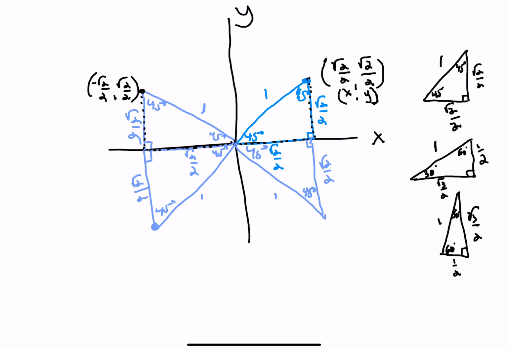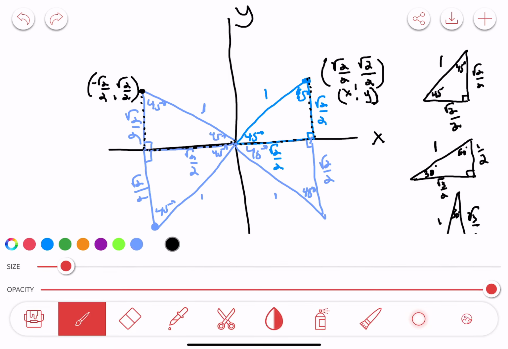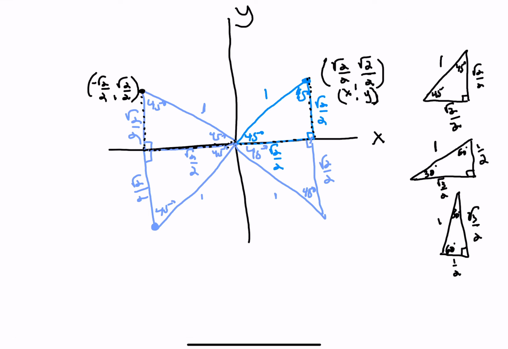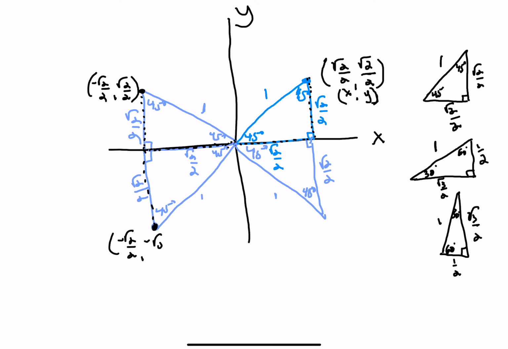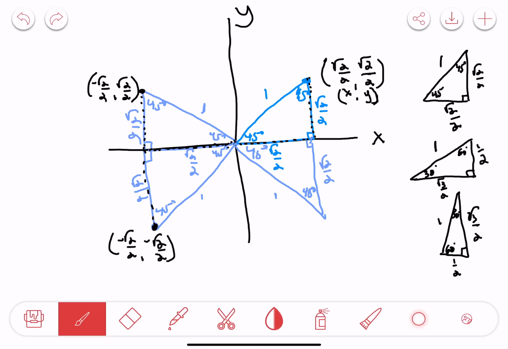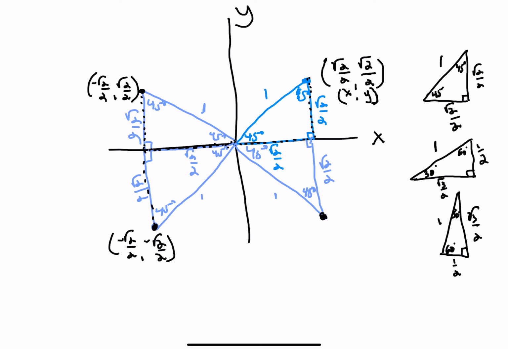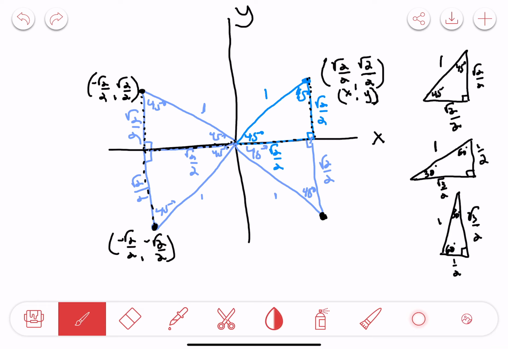Okay, so the coordinates of this point here in the third quadrant, I go left root 2 over 2, and then down root 2 over 2 to get to this point, which would give me an x-coordinate of negative root 2 over 2 and a y-coordinate of negative root 2 over 2. The x-coordinate is negative because I went left, and the y-coordinate is negative because I went down. And then our last point for this part would be this one right here, where I would go to the right root 2 over 2, but then I'd go down root 2 over 2. So it would be here at root 2 over 2, comma negative root 2 over 2. Okay.